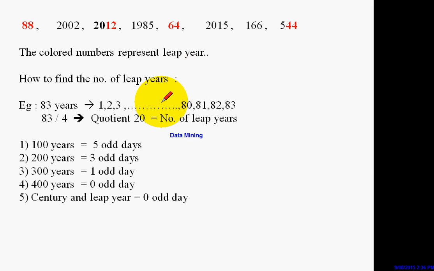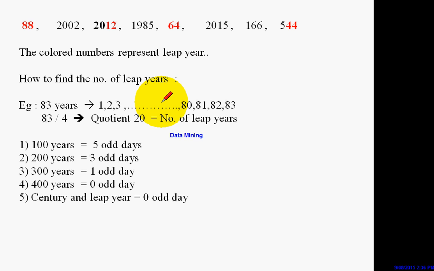See, if there are 83 years, one good example is here. If there are 83 years, say from year 1 AD till 83, 1, 2, 3, etc., up to 80, 81, 82, 83. So we have how many years now? 83 years altogether. To find the number of leap years in these 83 years, divide the value by 4. So divide 83 by 4.